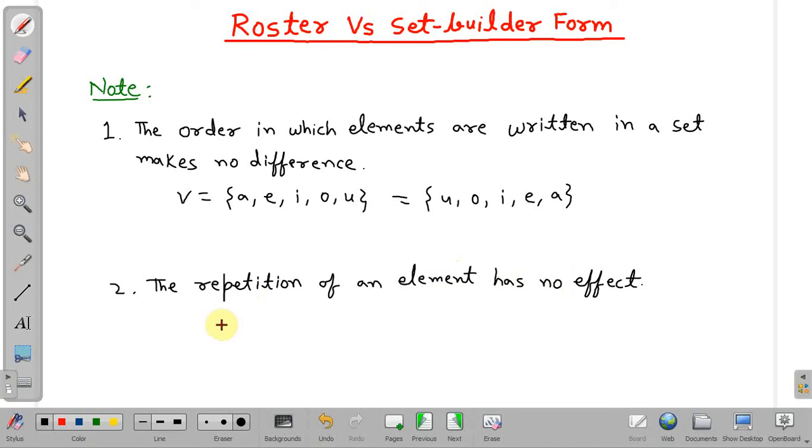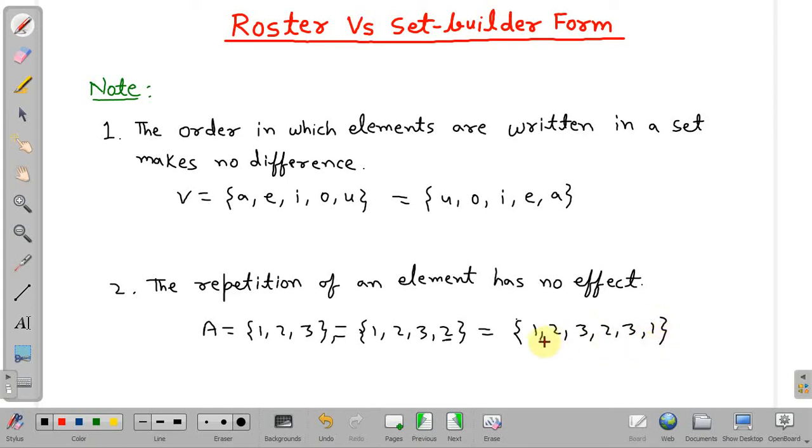So if we describe set A as {1, 2, 3}, and even if we write {1, 2, 3, 2}, these two are the same, because 2 is repeated. This is also equal to {1, 2, 3, 2, 3, 1}, because all the elements are repeated twice, so these are the same. So this is your roster form.